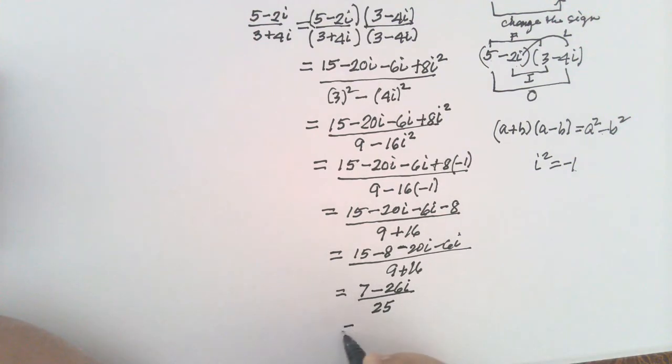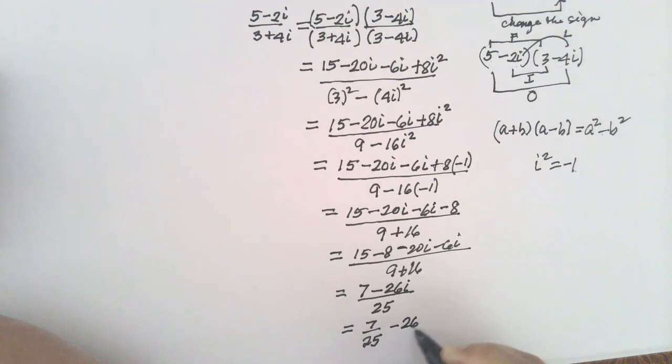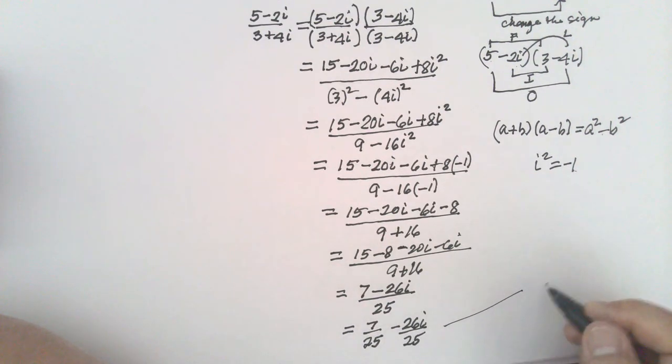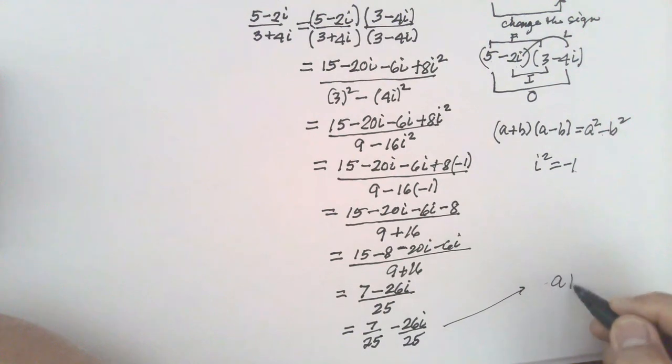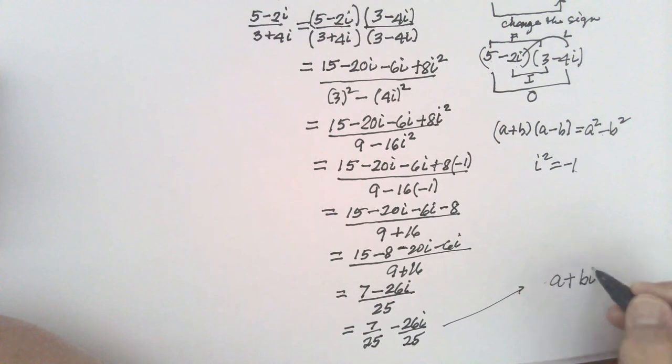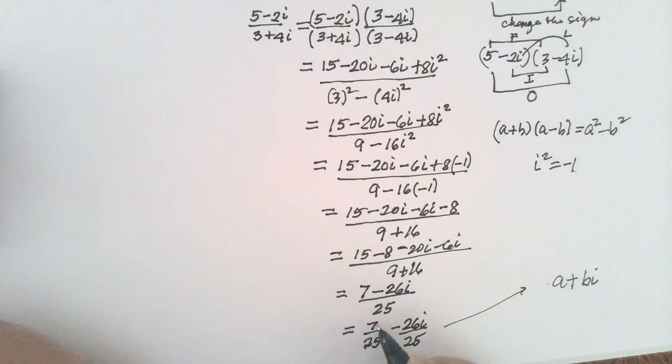Now this can be written as 7 over 25 minus 26i over 25. This is in the form of a plus bi. So the answer is 7 over 25 minus 26i over 25.